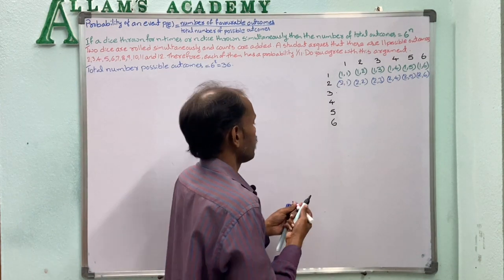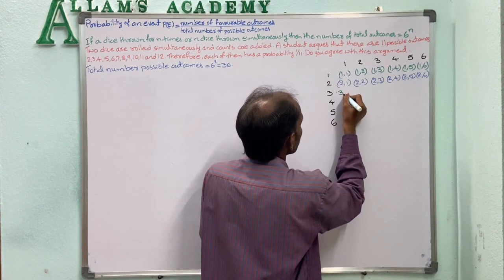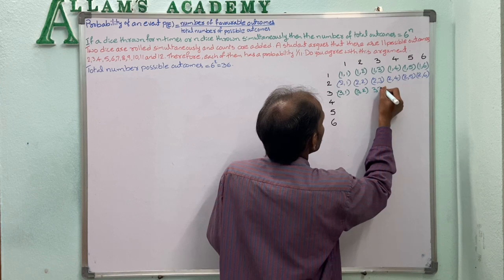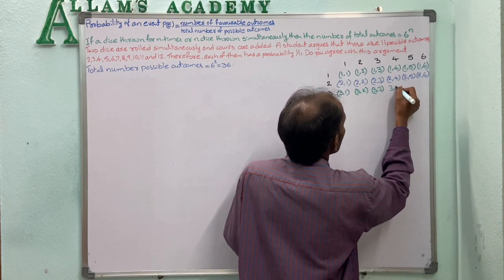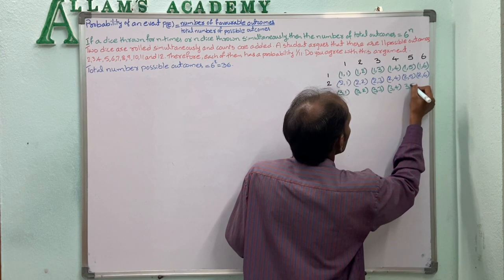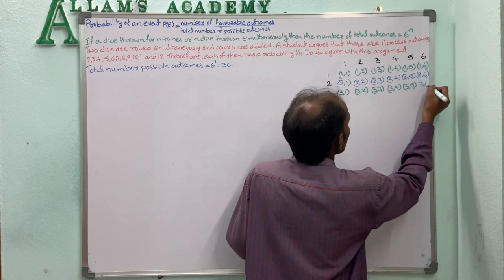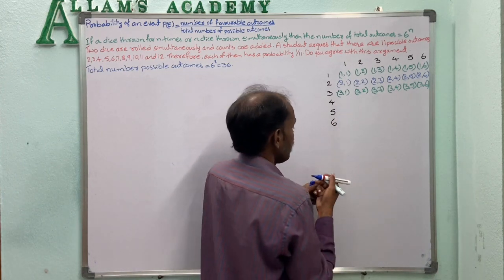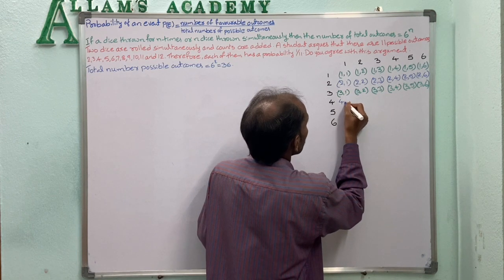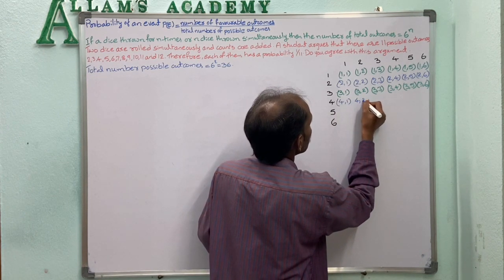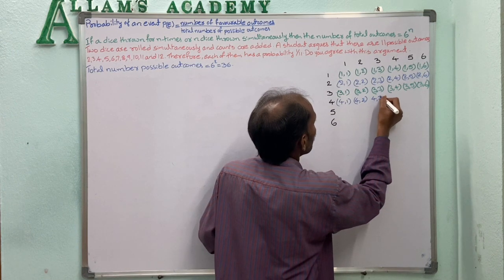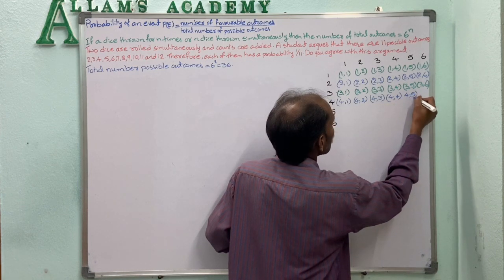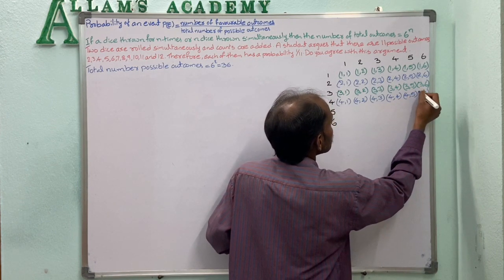Next 3 1, 3 2, 3 3, 3 4, 3 5 and 3 6. Next, if 4 is observed, they are 4 1, 4 2, 4 3, 4 4, 4 5, 4 6.